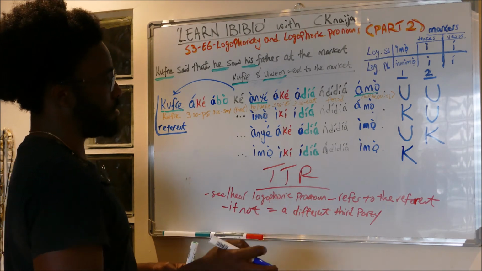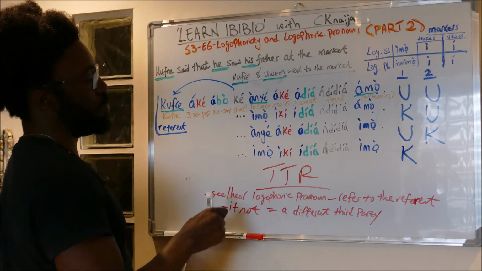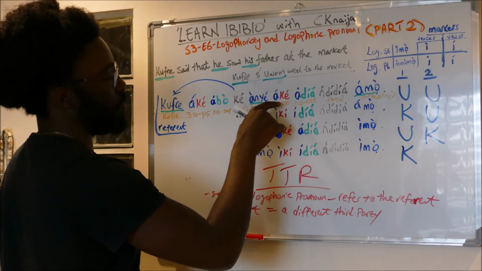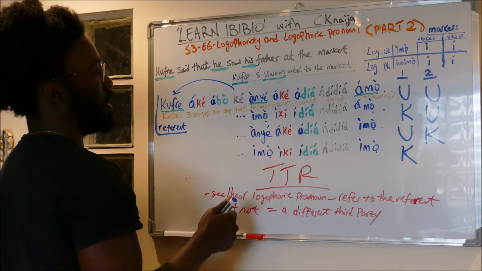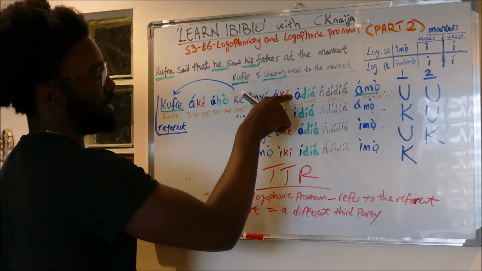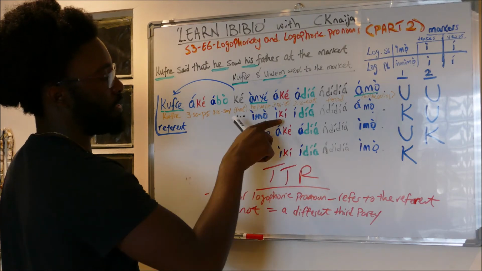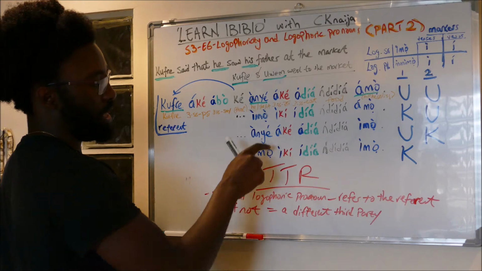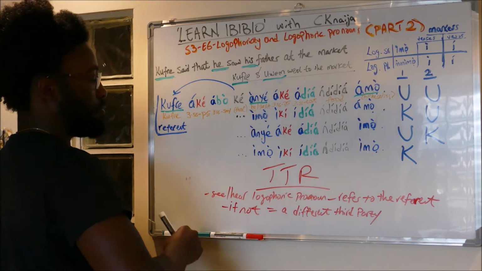Okay, and if you've noticed, whenever you have an A, with the verb you use anyeke, the word for the past tense. So the tense marker for the past tense is an E, but with the logophoric pronouns, it's an I. Anyeke imo iki. Okay, that's just something to remember.